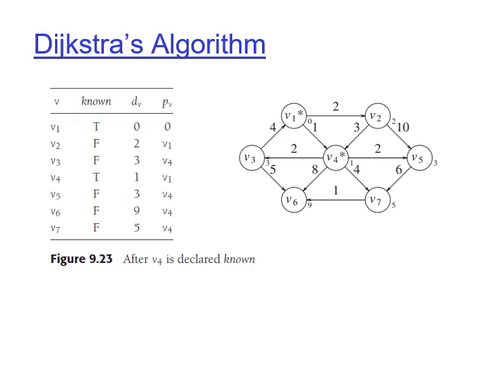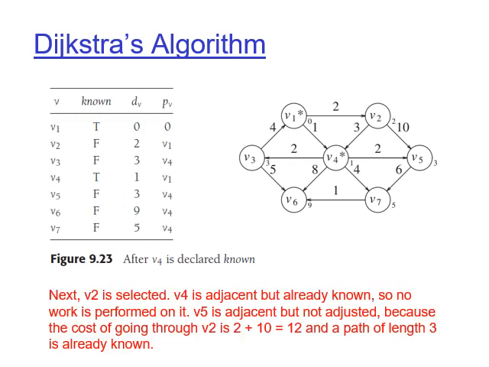Now, from those nodes that we have just discovered, right, V2 has a shortest path distance value 2, V3 has a shortest path distance value 3, V5 has a shortest path distance value 3, V6 has a shortest path weight 9. The current estimate of the shortest path weight of V7 is 5. Among all these, whose current estimate is the minimum among all these nodes that we have just discovered?